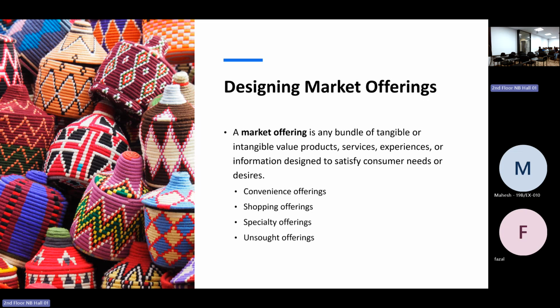Examples, insurance, life insurance, and funeral services.